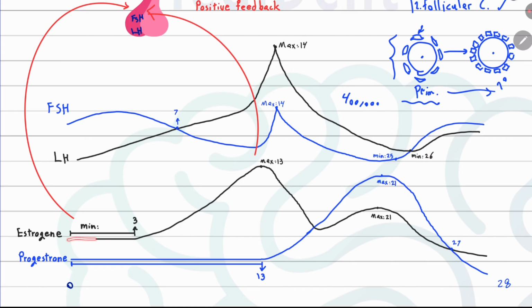And as you can see here, the estrogen and progesterone at the beginning of the menstruation cycle are so low. So that's why in the first days of this period, the menstruation takes place. We can see uterine bleeding in women. Why does this happen? Because these two hormones, estrogen and progesterone, are really significant in the uterus.